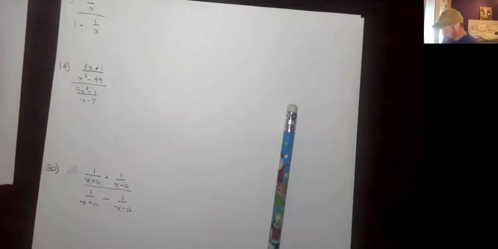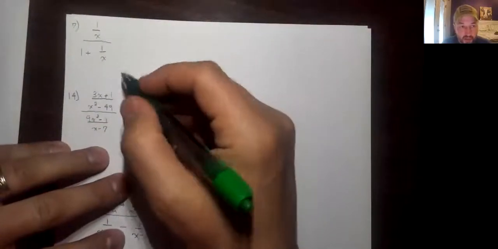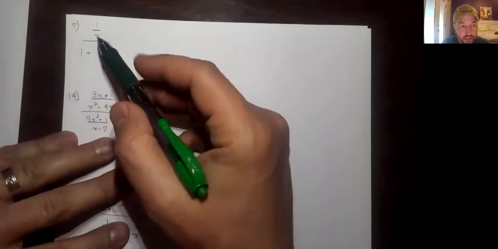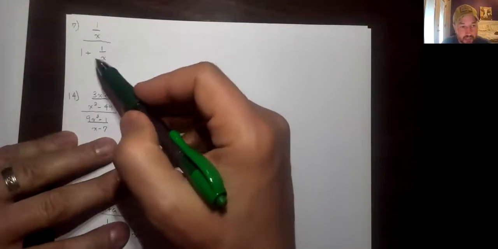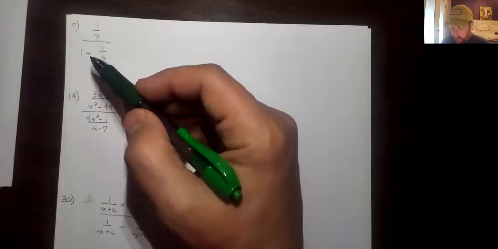Let me work a couple so you can see what's going on. I'll get my green pen to help out. I chose number 7 to start with because it's our simple x on the bottom, x on the bottom. This is a whole number, so it's whatever we want it to be.